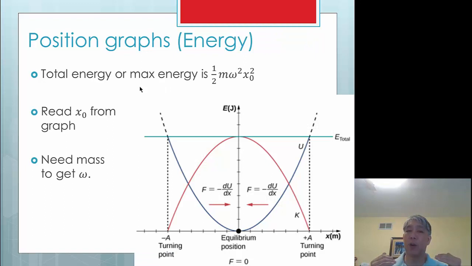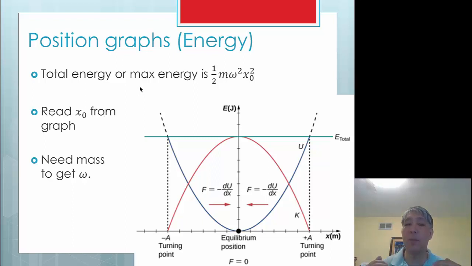We'll also run into energy graphs for position, and we can get a lot of information from these as well. Because my total energy, or maximum energy for either the kinetic or the potential, is 1/2 m omega squared x0 squared, or my amplitude squared.